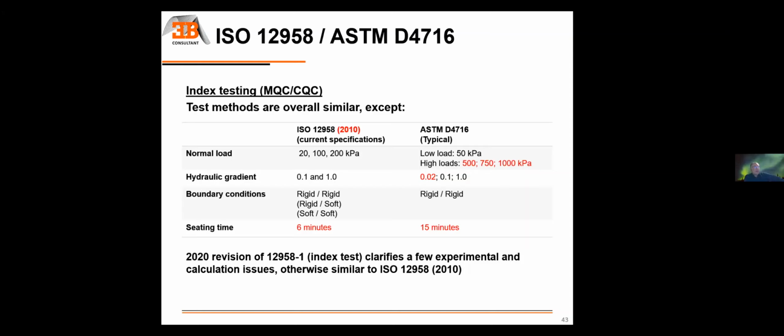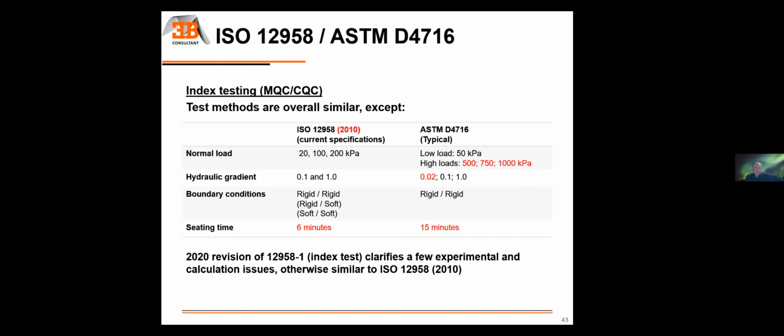Hydraulic gradients are 0.1 and 1 under ISO. And what we see often in ASTM D4716 is the same, 0.1 and 1, but we also see sometimes 0.02 for hydraulic gradients. These are much more complex to control in the lab because a 0.02 gradient for a 30 centimeter long specimen means a 6 millimeter water head. To have good control of these 6 millimeters of water head, you need a very precise type of equipment.